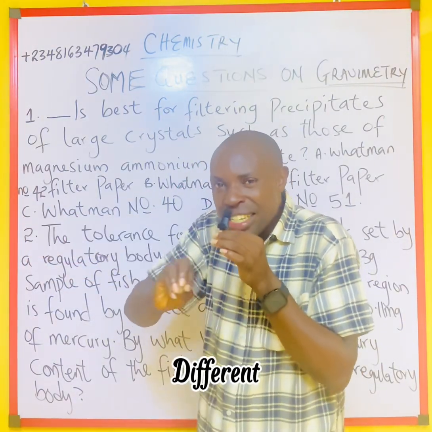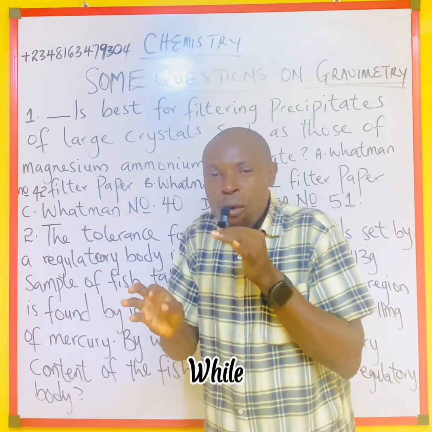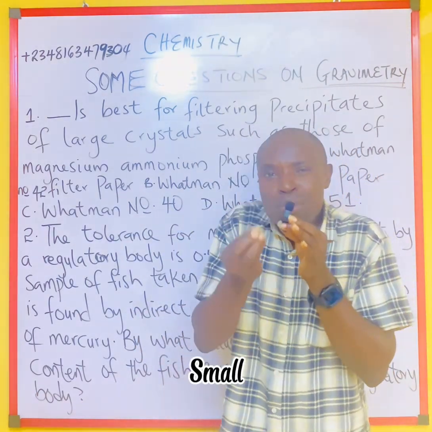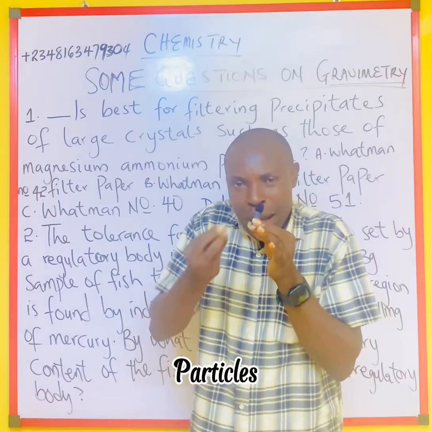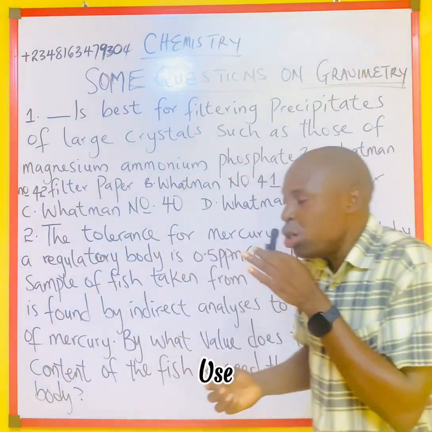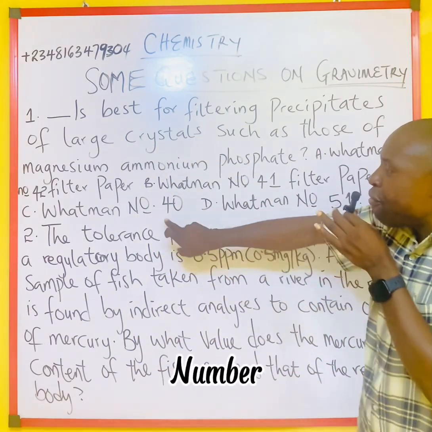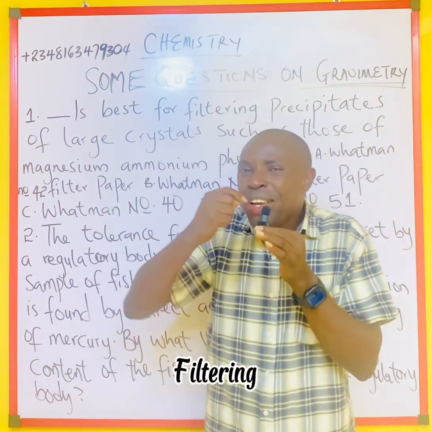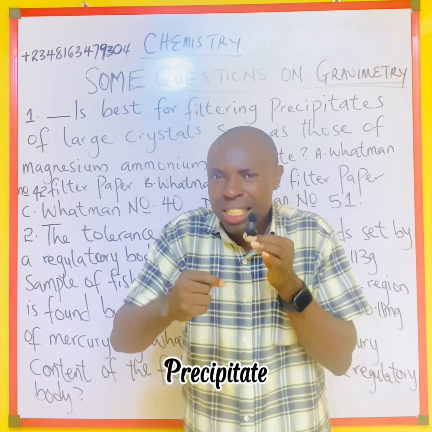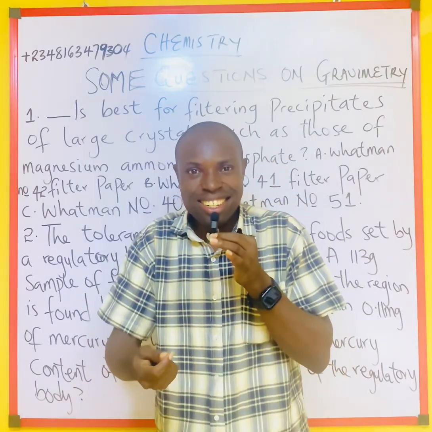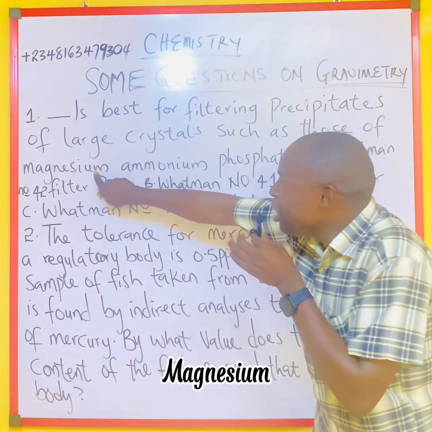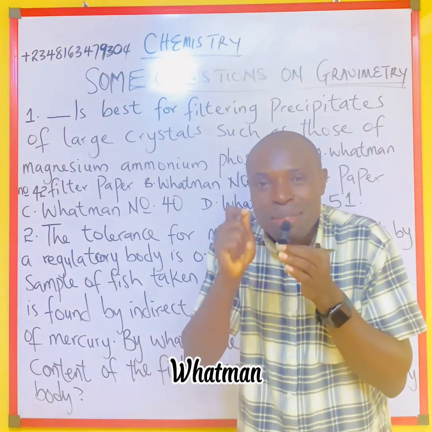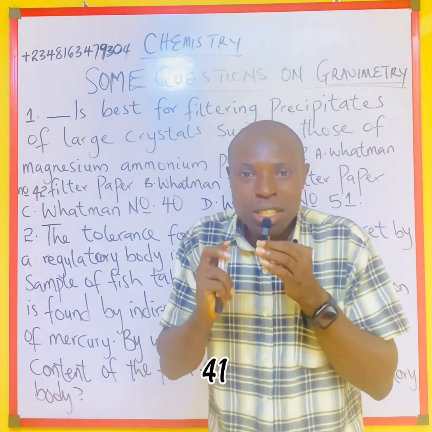They are of different sizes and grades. While in filtering small crystalline particles or precipitate, we use Whatman number 40. But in filtering gelatinous precipitate and large crystals, such as magnesium ammonium phosphate, we make use of Whatman number 41.